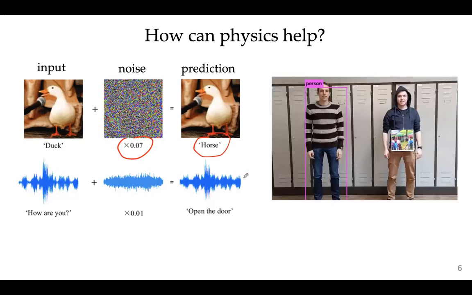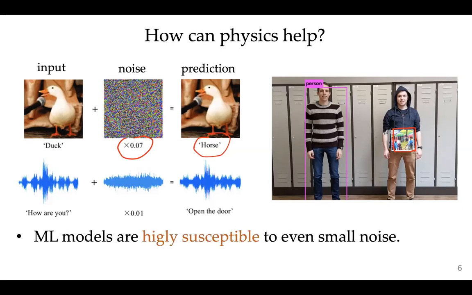Another example is that the model can predict the person on the left as a person, but for the person on the right, it cannot. The reason is that there is a picture on the person, and that picture confuses the model, so there's really no prediction here. So machine learning models are highly susceptible to even small noise.